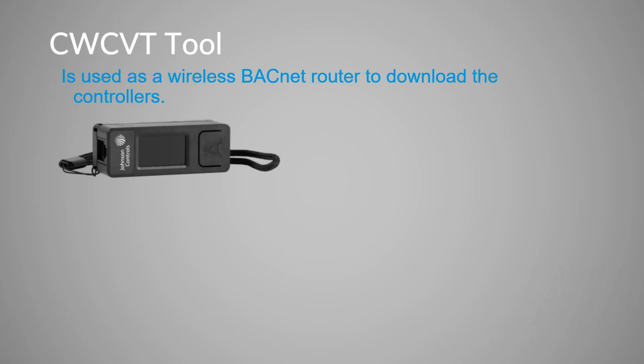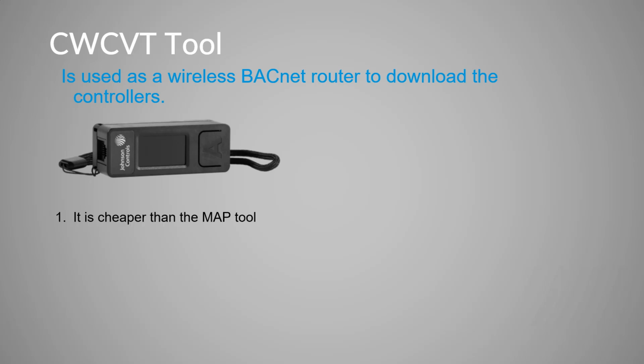Now, let's talk about the CWCVT tool. It's been out for, I would say, 3 years now. It's a nice little tool. It's small, compact. It's used as a wireless BACnet router. It connects in seconds instead of minutes like the old Map Gateway, and I find it to be very nice.